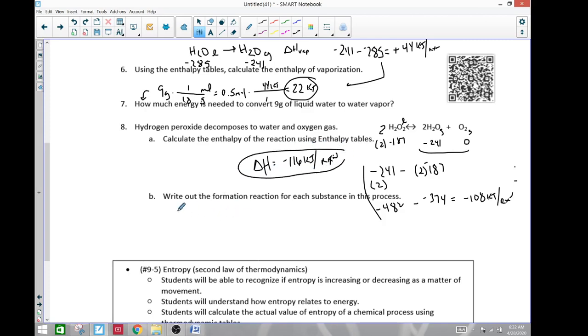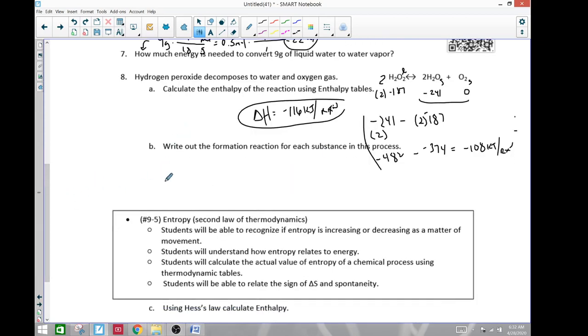Write our formation reaction for each substance in its process. Okay, so we have hydrogen plus oxygen yields H2O2. Now we balance this. Looks like it's balanced. And of course, the delta H for this reaction is a negative 187.